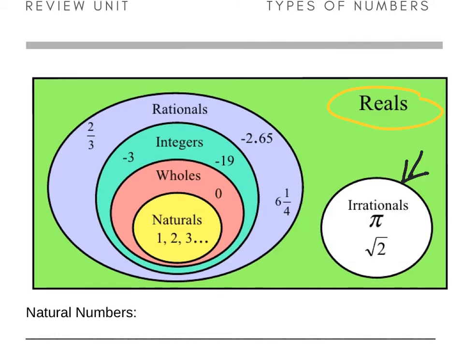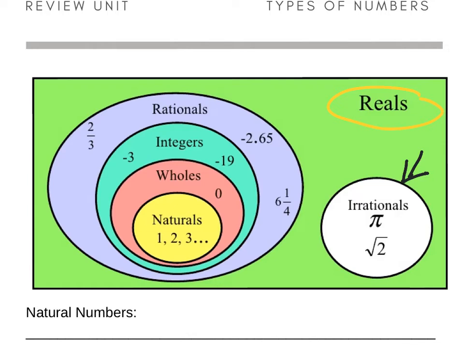Inside this other situation, we have the naturals. Those are the ones that you learned when you were really little, your counting numbers. The whole numbers are right outside of the naturals, and all you do is add 0 to them. So the whole numbers are the naturals plus 0. The integers, you add the negatives. So they're called the whole numbers and their opposites.